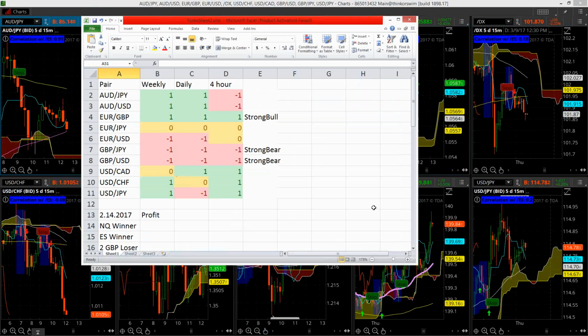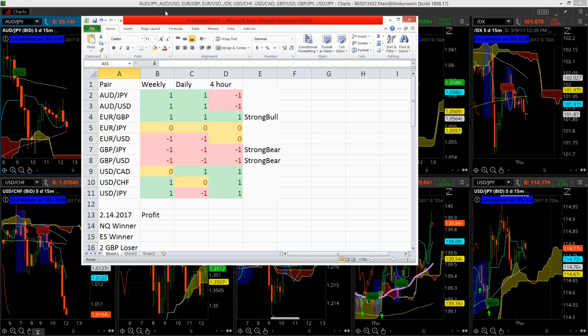I track daily where we are on the cloud relative to these different time frames, okay? I'm concerned with the weekly, daily, and 4-hour bar. And as I continue to build this trading plan out, I might even add a 1-hour time frame in here as well to make an even stronger confirmation.